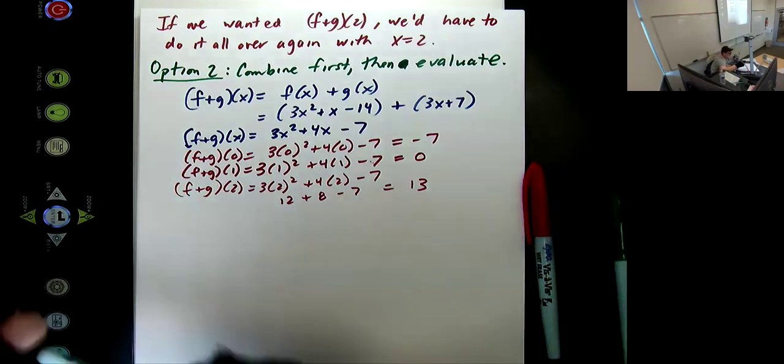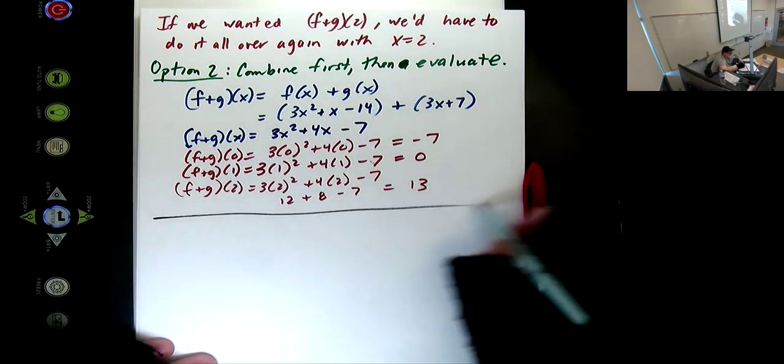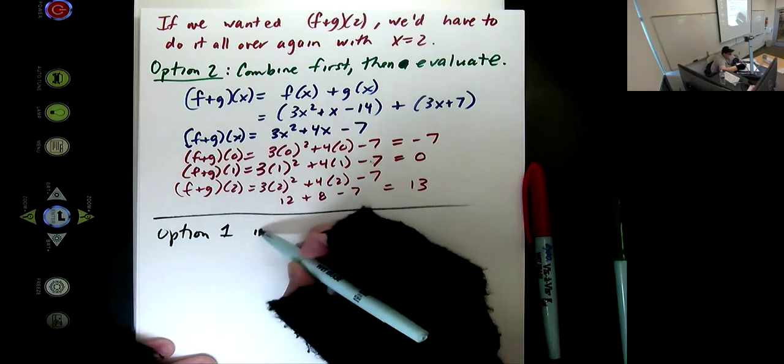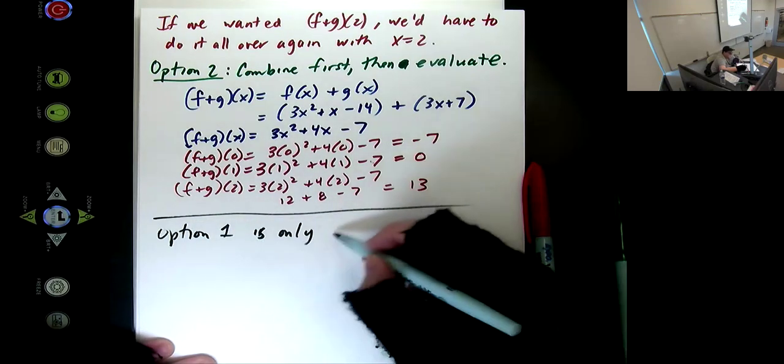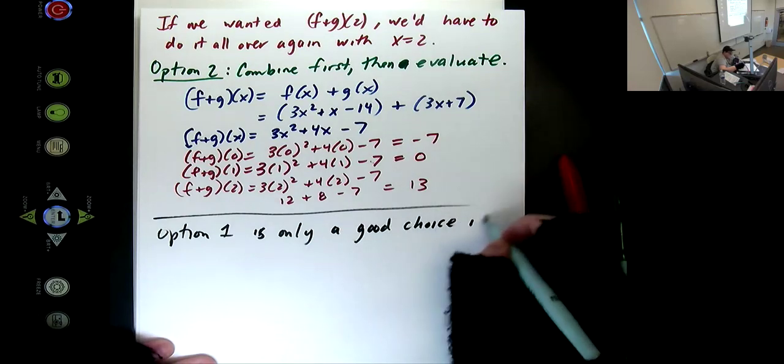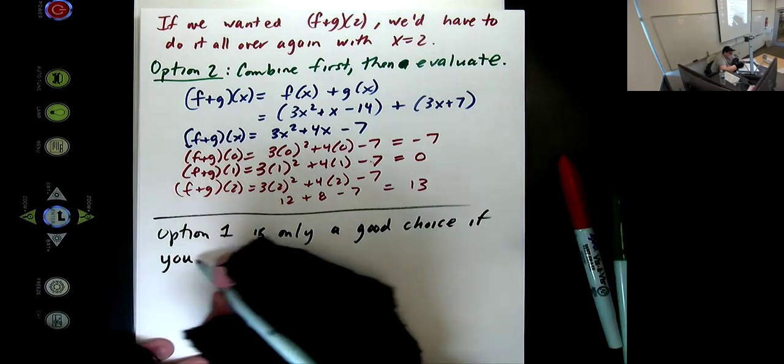So option 1 is really only a good choice if you need to evaluate for one value.